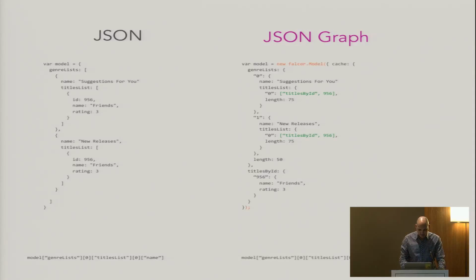So I'm going to wrap this in a Falcor model. I'm going to call get and pass in the path. It's a series of keys. And we are going to evaluate them. Now what happens is, as we run across the keys, as soon as we come across an array, because you're attempting to look up a key on an array, we know that it's not an array of data, but it's actually a path.